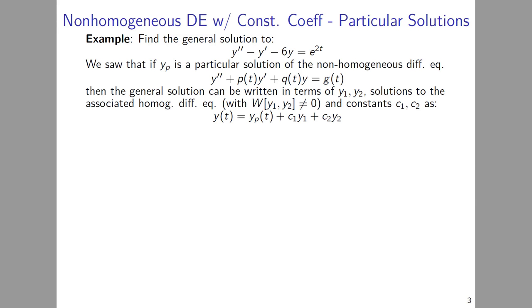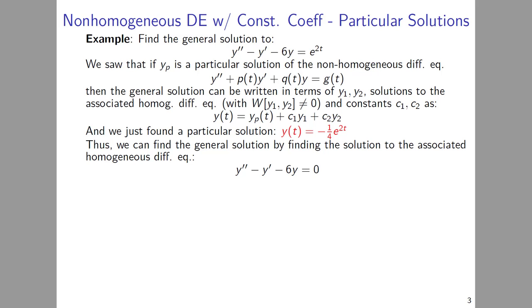We saw that if y sub p is a particular solution to the non-homogeneous differential equation, then the general solution can be written as y sub p of t plus c1y1 plus c2y2, where c1y1 plus c2y2 is the general solution of the associated homogeneous differential equation. And we just found the particular solution y sub p of t equals negative 1/4 e to the 2t.